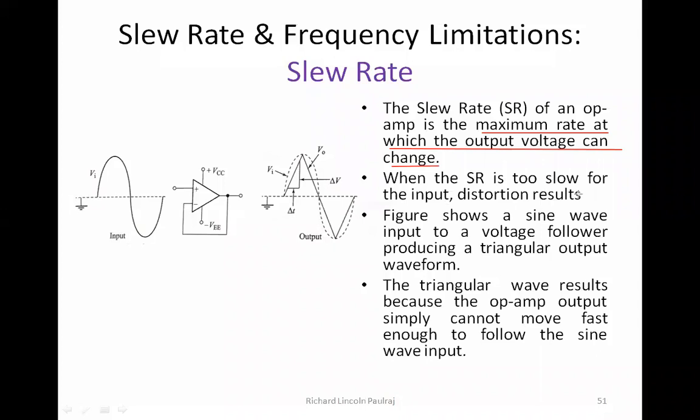Whenever the slew rate is very low, distortion occurs. What is this distorted output? You are not able to see a proper waveform; it is fully distorted. You cannot judge the values of its highs and lows, its crest.